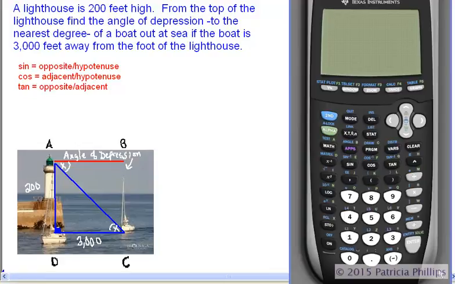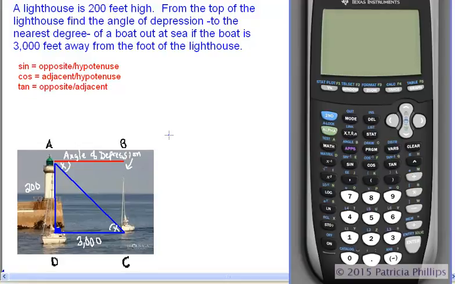And this is because the line AB and the line CD are parallel. These are called alternate interior angles. These angles, which are both labeled as X, are equal. So basically, if we find the value for the X on the blue triangle, then we should know what the angle of depression is up above that the lighthouse is looking down.